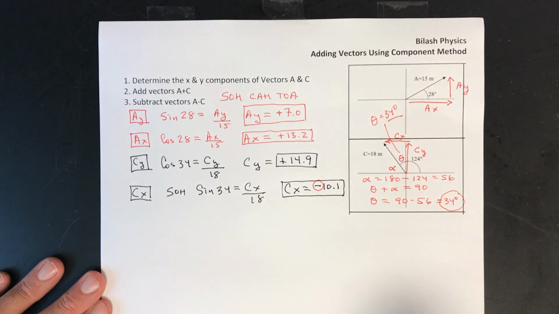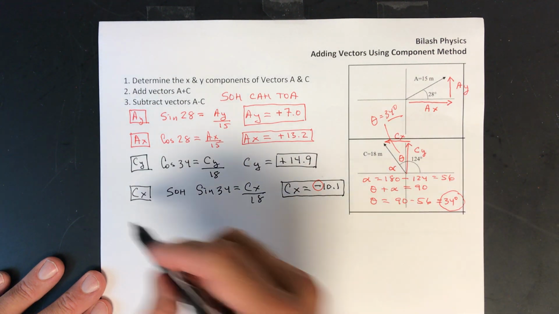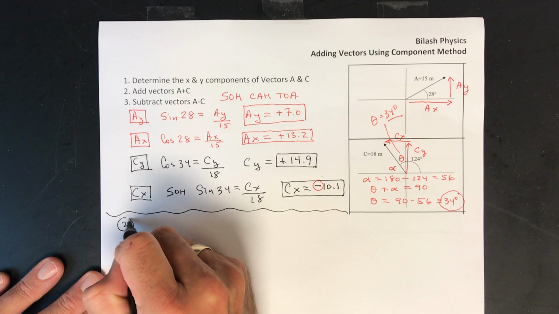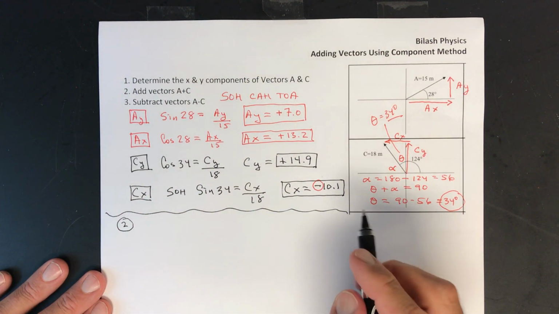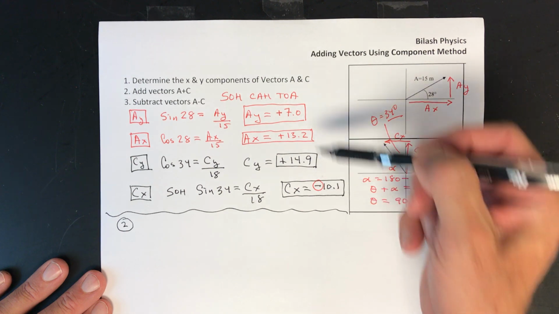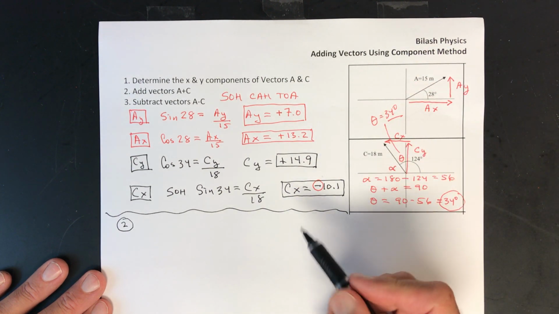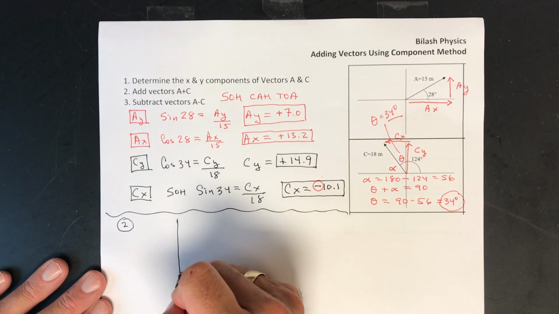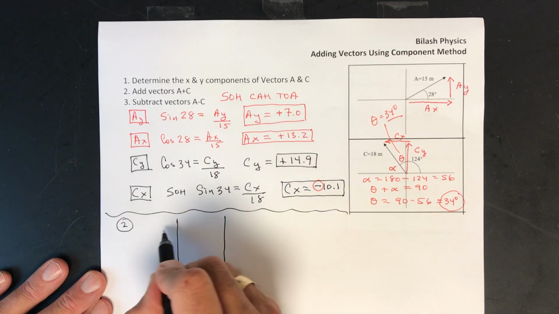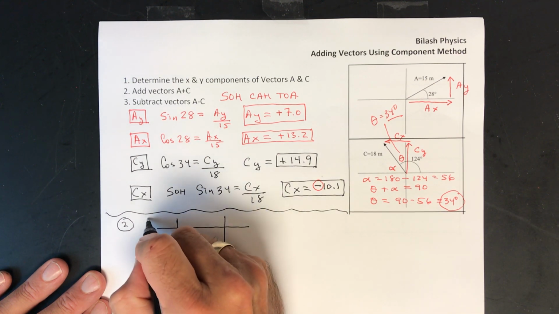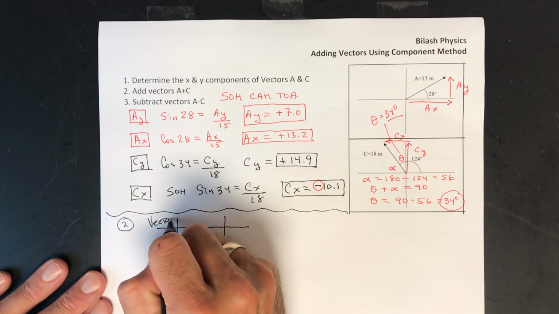The next thing I want to show you is how to add the two vectors. Okay, so number 2. What I suggest that you always do is take the components and set them up in a table just to organize your information. We'll have 3 columns in the table. The first column will just list the vectors.